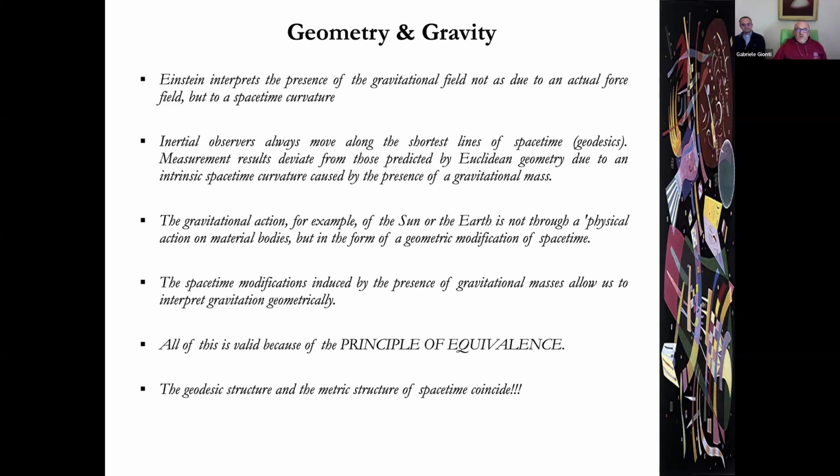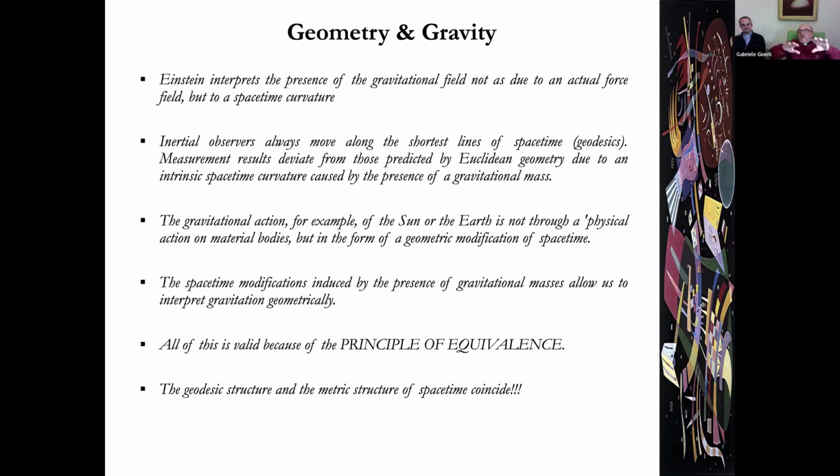The gravitational action, for example, of the Sun on the Earth is not a physical action on material bodies anymore, but takes the form of a geometric modification of space.